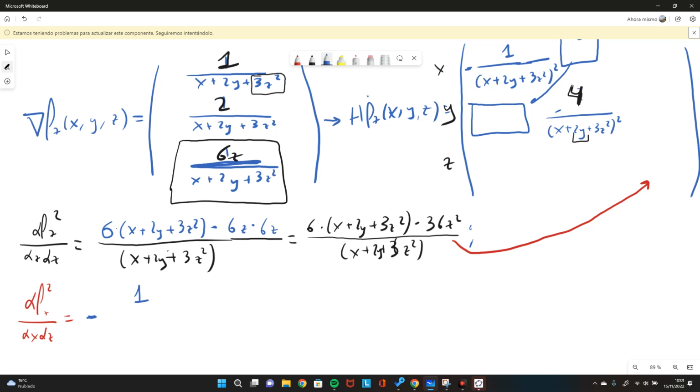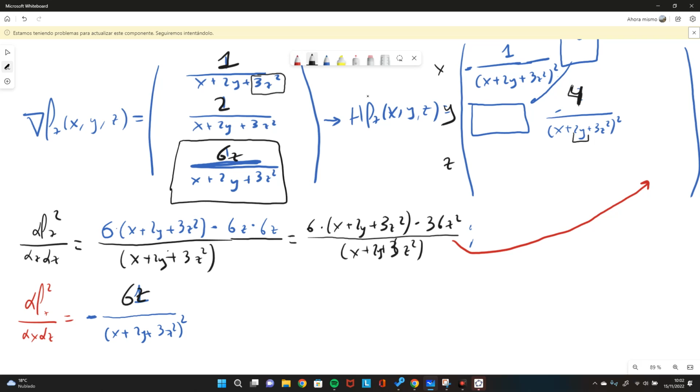We have minus 1 here, and then everything the same: x plus 2y plus 3z squared, all to the power of 2, times the derivative of this part, which is minus 6z. So in the numerator here is minus 6z. Well, not minus 6z, the minus is already there, so this is just 6z.